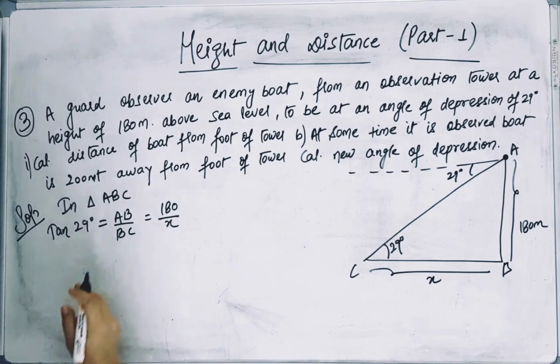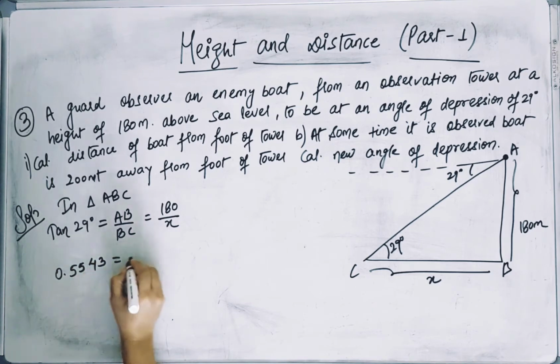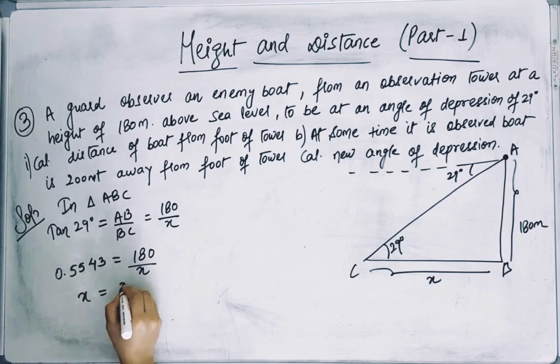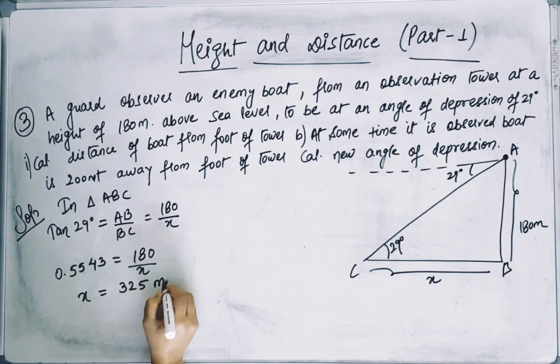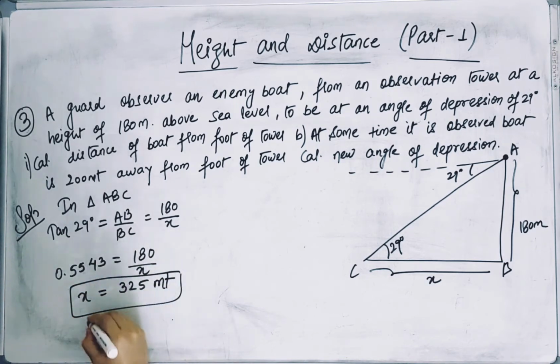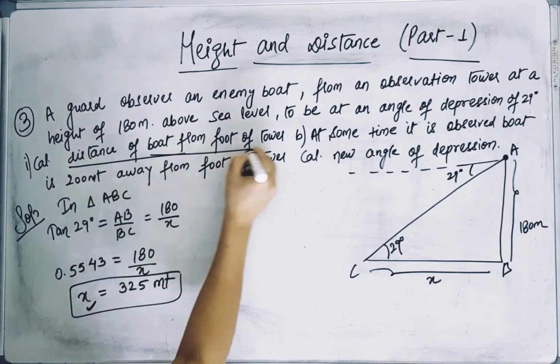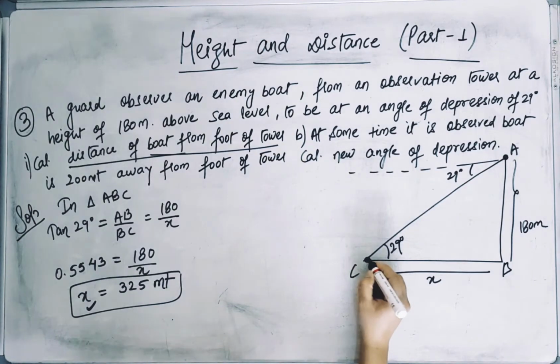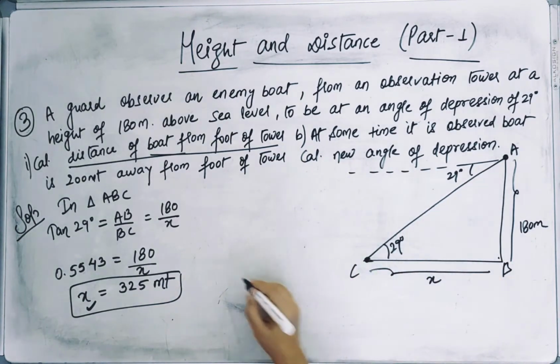So tan 29 will be provided to you and its value is 0.5543. This is equals to 180 by x. Thus on solving, we'll get x to be 325 meter approximately. So this x is the distance of boat from foot of the tower.